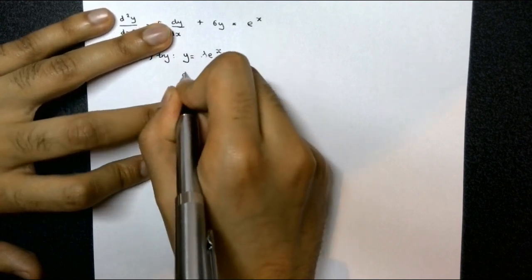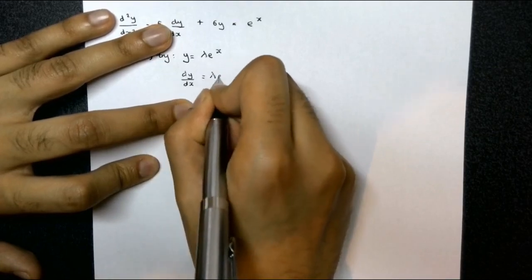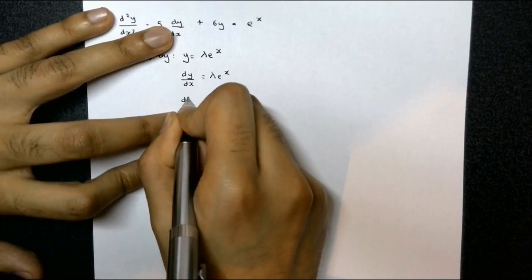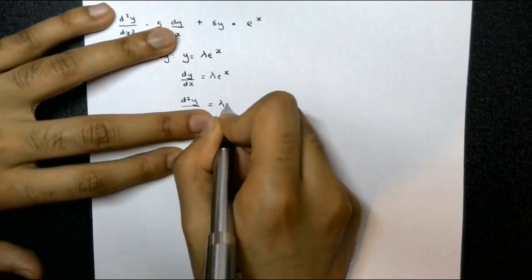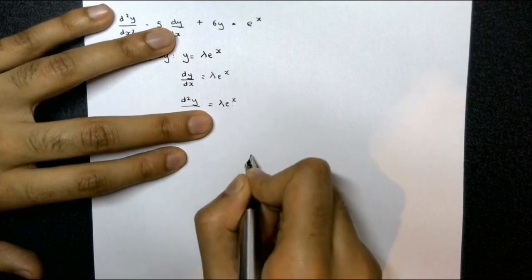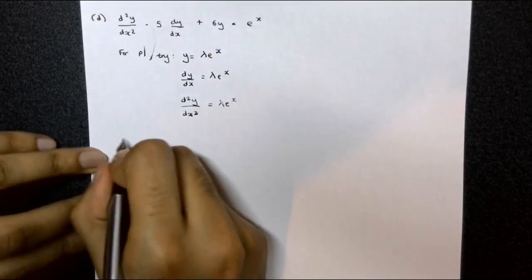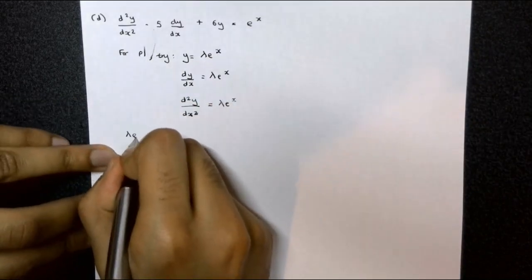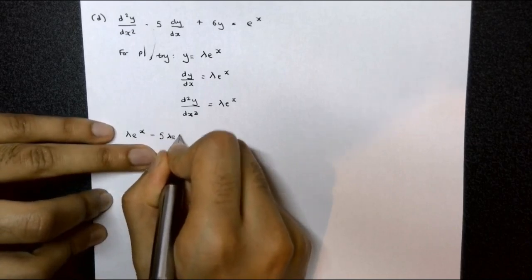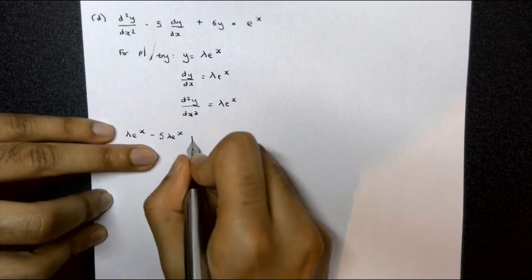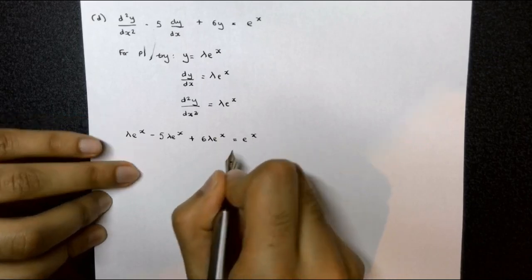And if we differentiate this, you'd find dy over dx to equal lambda e to the x, and d squared y over dx squared, that's equal to lambda e to the x. So we now need to substitute these results into here. So therefore we've got lambda e to the x minus 5 lambda e to the x plus 6 lambda e to the x equals e to the x.